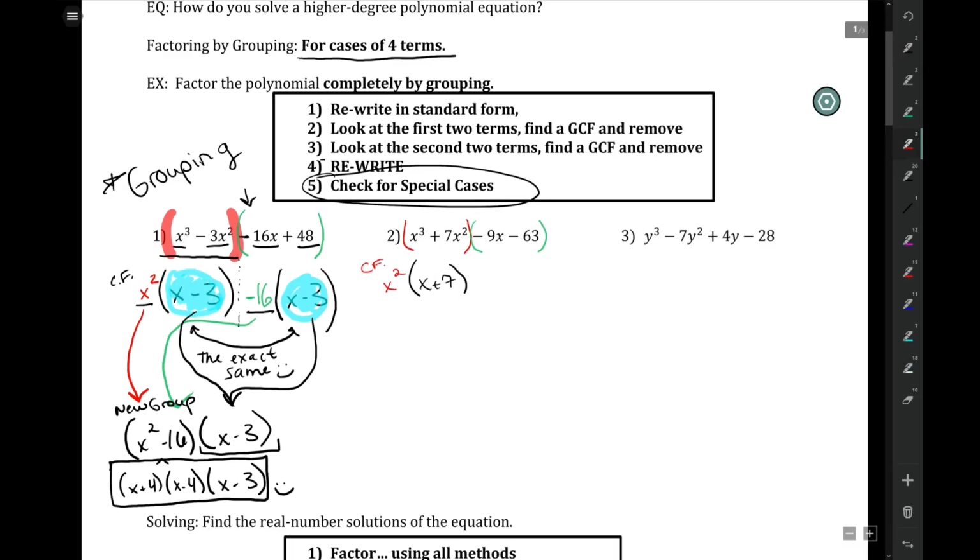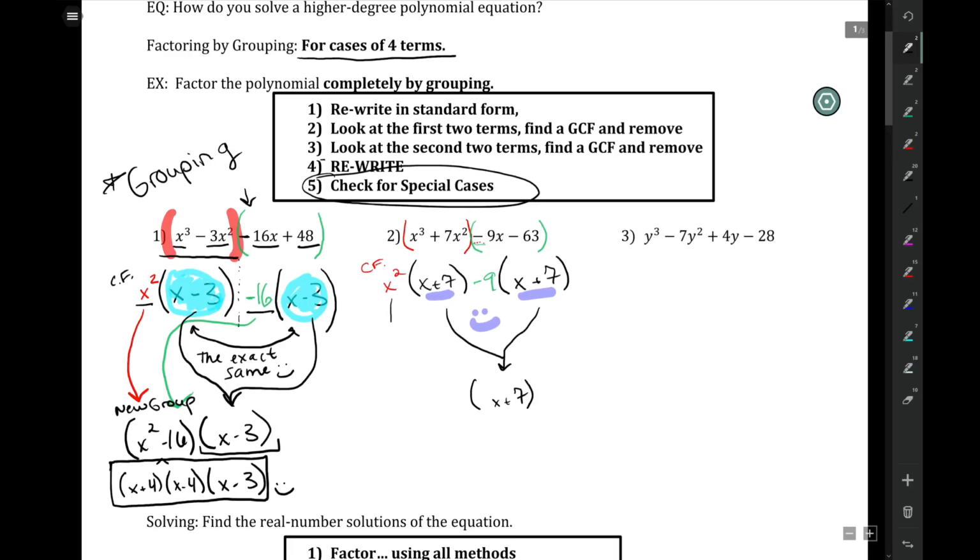If this term's negative, chances are you want to bring that negative out. So of the green team, we have a negative 9. That leaves us with x plus 7. We know we did the right thing when these are exactly the same. Okay, they become one group.